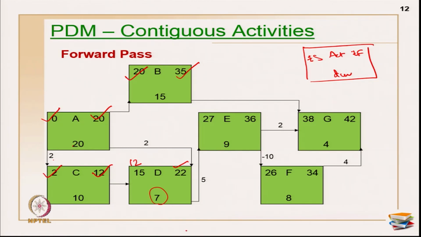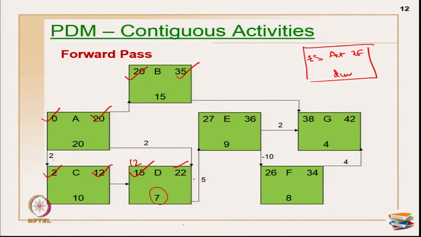So, what I have to do is retain the 22, and 22 minus 7 becomes 15 here. That is the reason for keeping 15 here, because the activity should not have a break in the middle. If I put this as 12, then D can start, have a break, or have a delayed start, or D can finish early and then stop at 20. Those are all not acceptable in a contiguous execution.